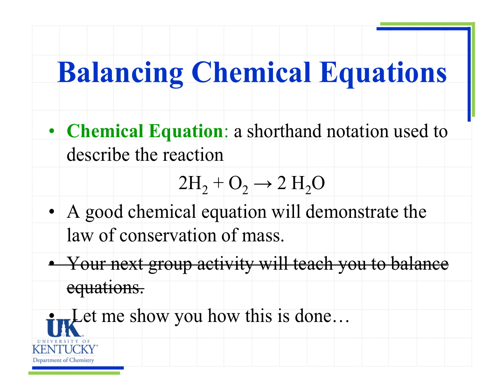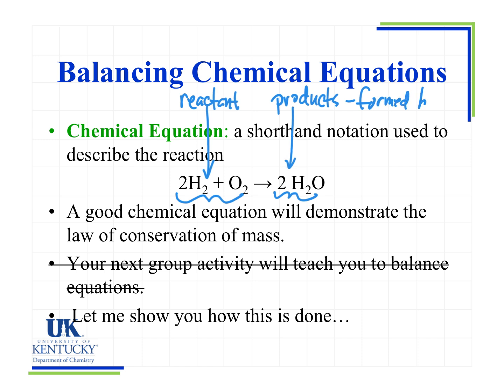On this side of the reaction, these are called reactants, and they are what you put in to react. On this side, these are called your products, and they are what is going to be formed by the reaction. So when hydrogen and oxygen react, they produce water.